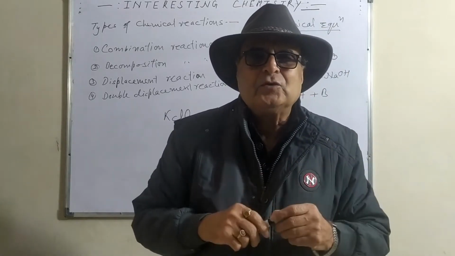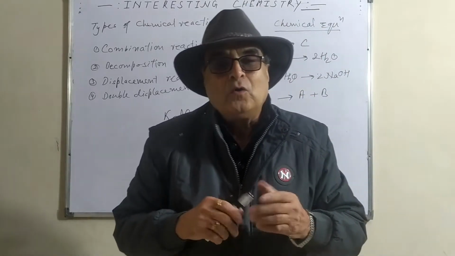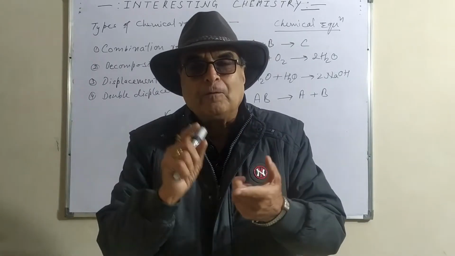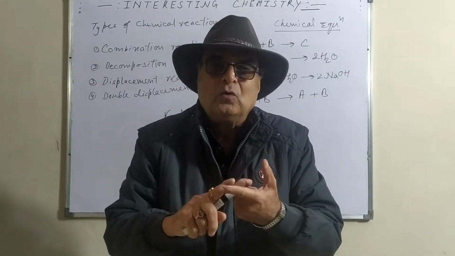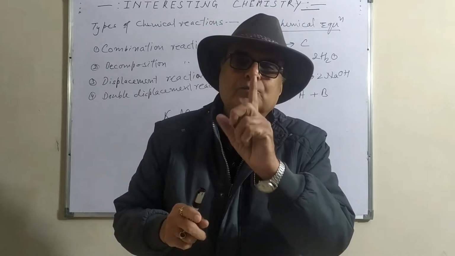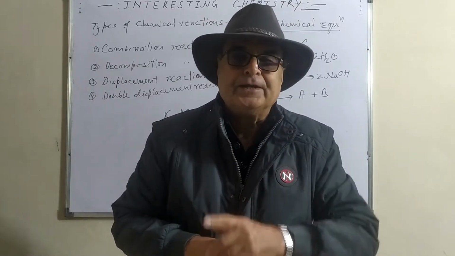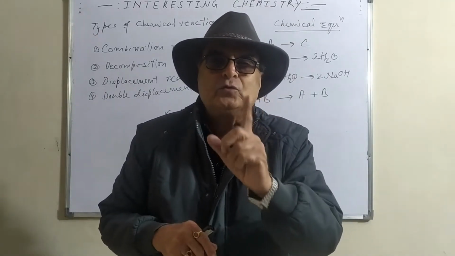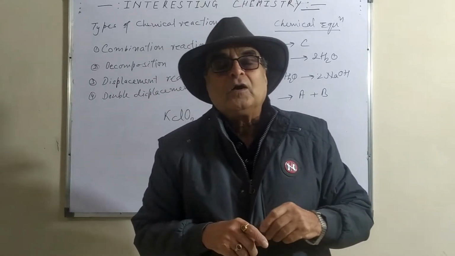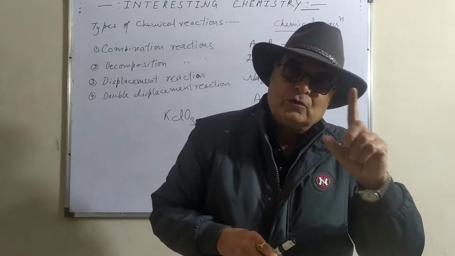So how will you write the equation? First of all, you need to know the formula of potassium chlorate. And again, in the product, you need to know the formula of potassium chloride.